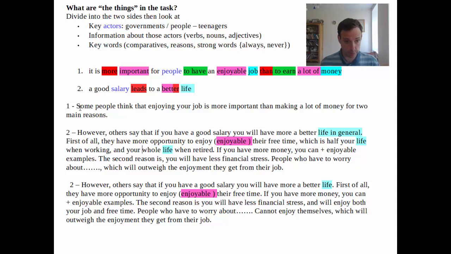Interesting here, in the first one, I don't have to talk about better life. I just have to say why it's more important. So it's more important, yeah? The idea is it's more important number one, and it's more important number two. So that's what IELTS does nowadays.